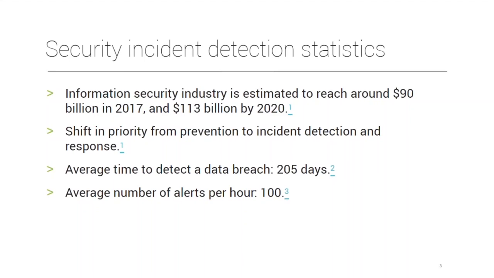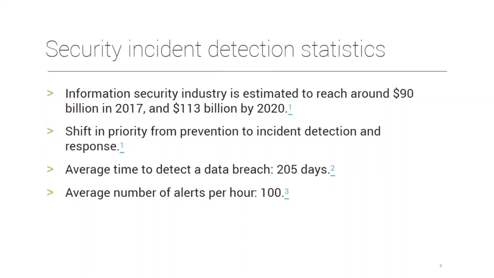There's a shifting trend these days towards incident detection and response. Gartner predicts that this trend will continue over the next few years as well. So this can help us appreciate why we need to focus on incident detection and why we need better methods of incident detection like event correlation.